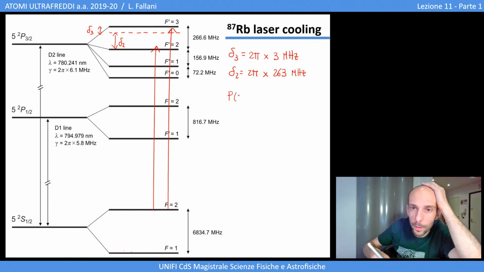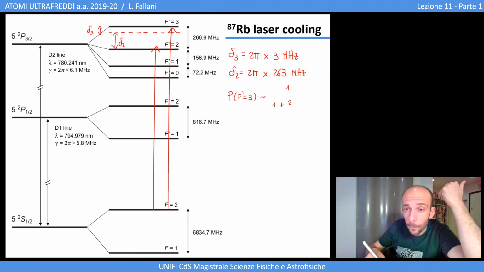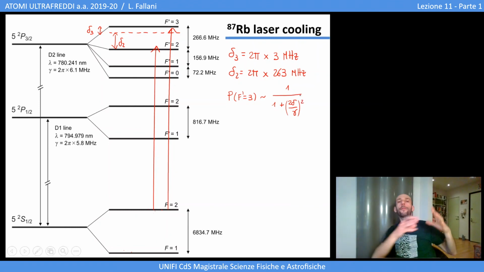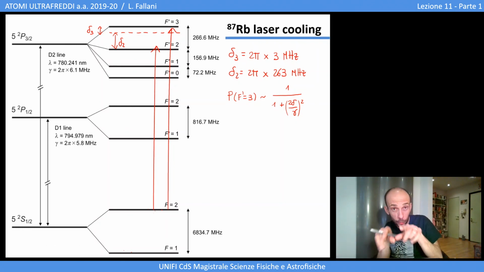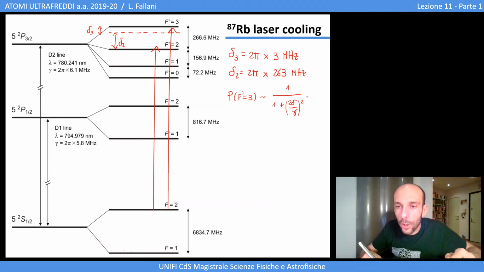Let me write it in this way: P of f prime equal 3 is basically given by 1 over 1 plus the quantity 2 delta divided by gamma, squared, in the Lorentzian function, with some prefactor that I don't care about because I only need the dependence on the detuning. And so if we choose, as in this case, delta equal to gamma over 2, this factor will be 1/2. So this, of course, is of order 1 because the light is near resonant.